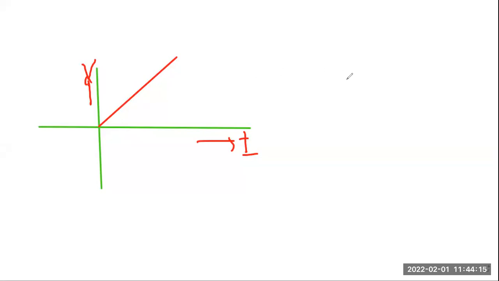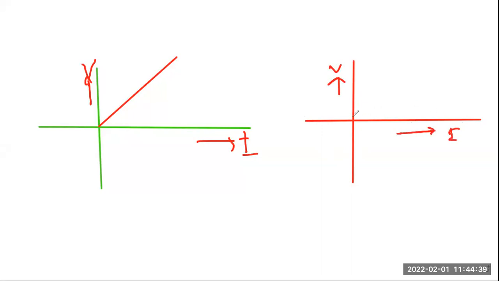Similarly, let us say another element, where this is your V and this is your I, and the characteristic is something like this.